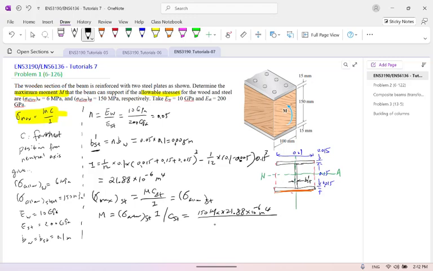So this will be half of 0.15 plus 0.015, so half of 0.15 plus 0.015, the farthest way. So from here we can work out 36.5 kilonewton meter. This is from steel itself.